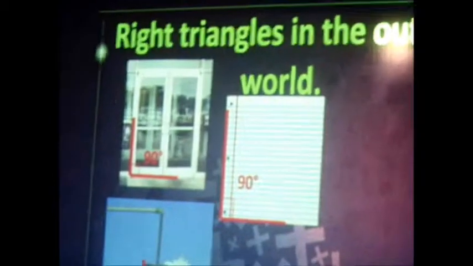Okay, now that we have worked out our examples, we're going to look at some right triangles in the outside world. We already mentioned paper and doors. If you have ever noticed when you're driving down the street or going to the store, you see the stoplights. They also have right angles in the corner of them.